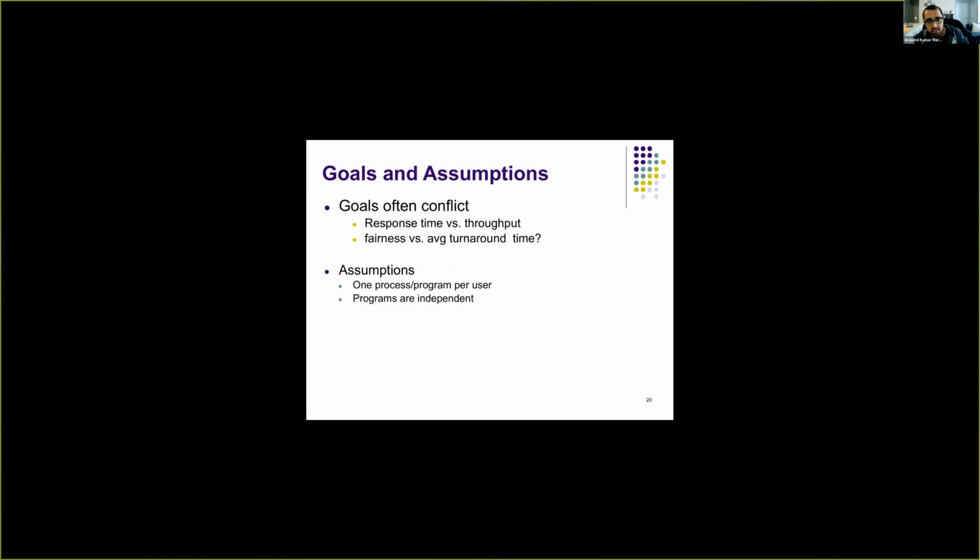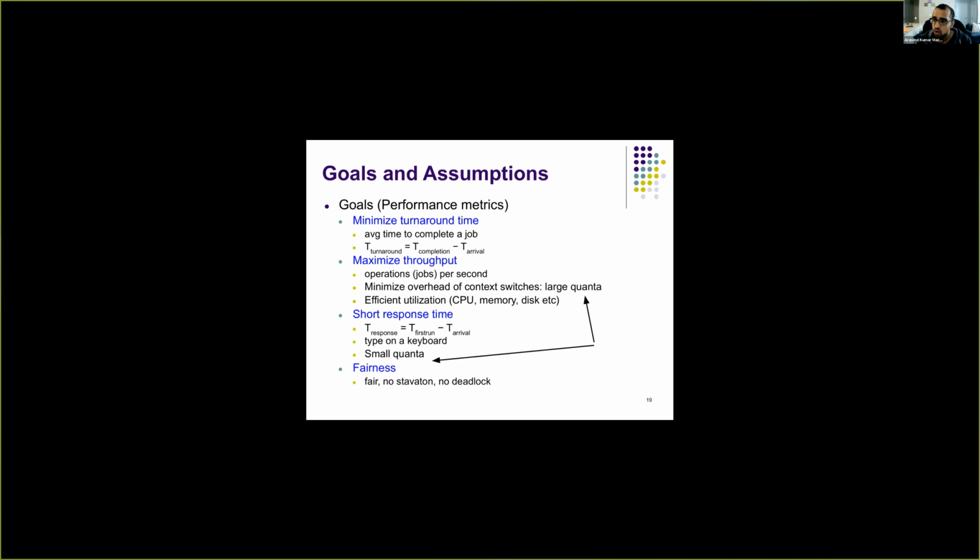For instance, let's look at response time versus throughput. In order to have a short response time, we need to make sure that we schedule processes quickly, because that's when we can give the effect of a responsive system. We should have shorter time slices, which means finer-grained timers.